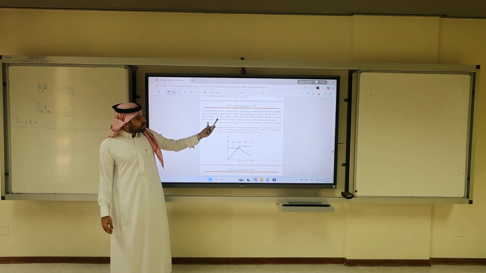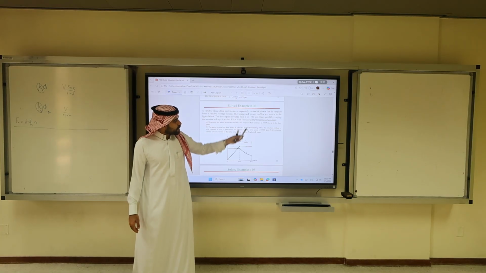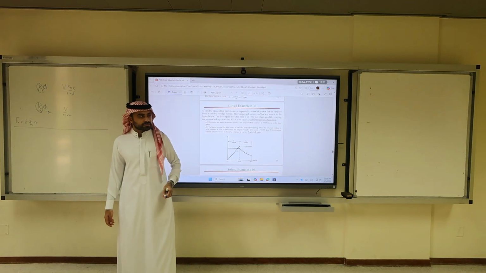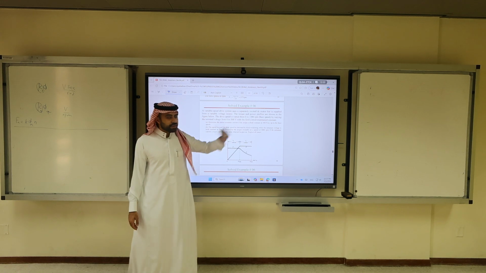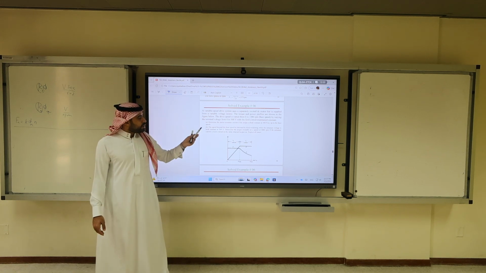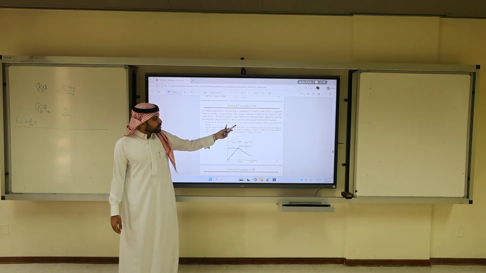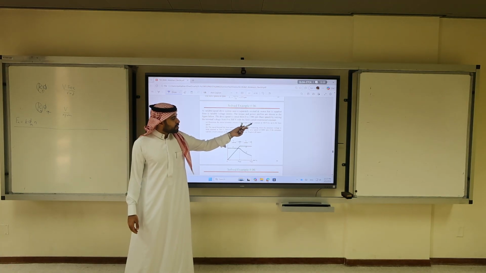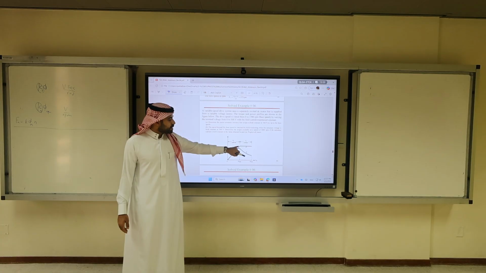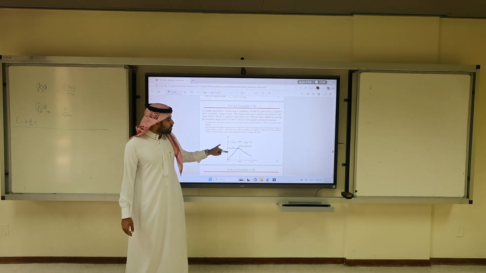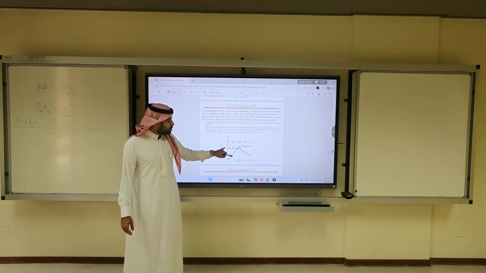From 0 to 1500 RPM, we vary the voltage from 0 to 500, and we maintain the field. Find the motor armature current if the torque is held constant at 300 Newton meters. So this torque is held constant, 300 Newton meter.